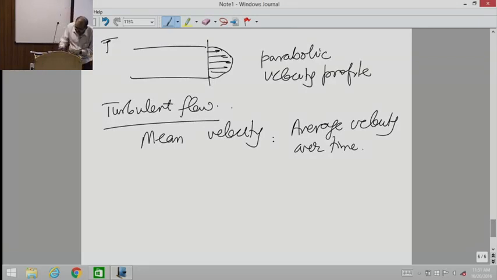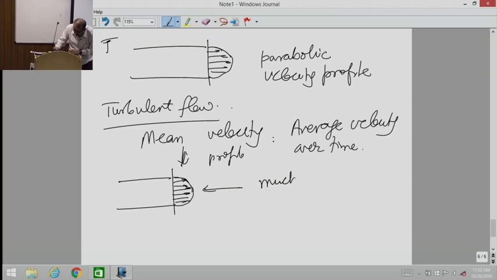So now what we find in a turbulent flow, if I look at the average mean velocity profile, this is much fuller, which means in the earlier case it was an exact parabola. Here over a very small distance it almost becomes maximum, it is a full range and then it comes back to zero. So therefore the gradients near the wall are much higher in a turbulent flow.